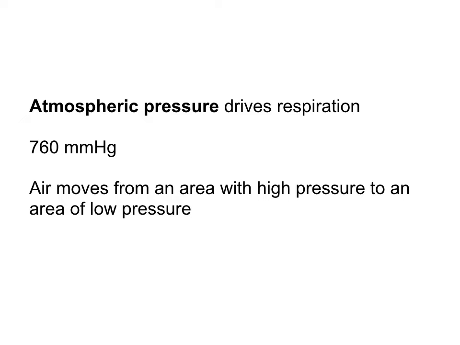So to bring air into the lungs, you're going to have to make the lungs a lower pressure than the outside world, so that air goes from the outside to the inside. In order to exhale, what's in the lungs has to become a higher pressure than the outside world, so that air goes from the high on the inside to the low on the outside.